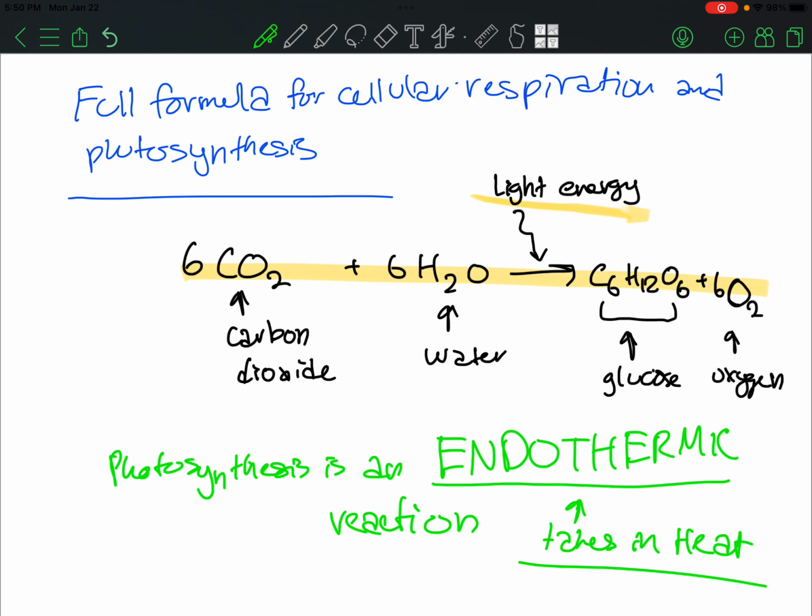Now, photosynthesis is a redox process, right? And redox basically means it's reduction and oxidation.